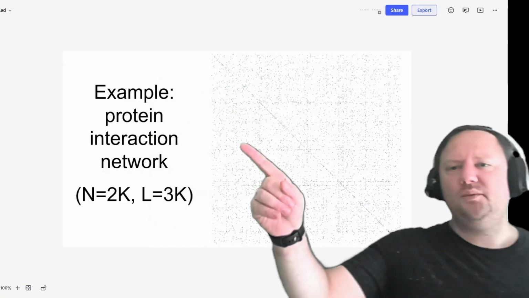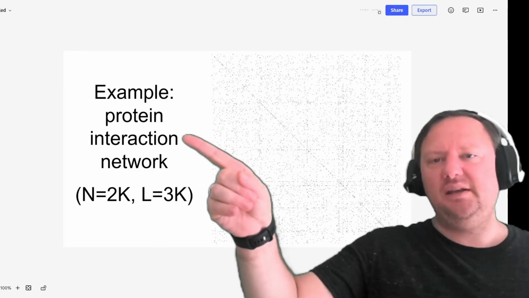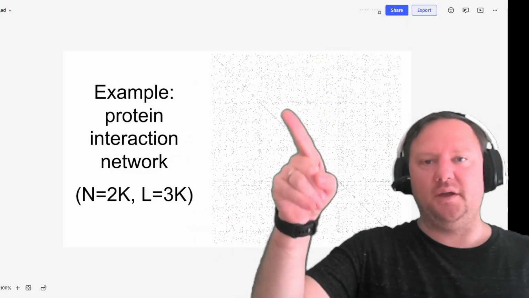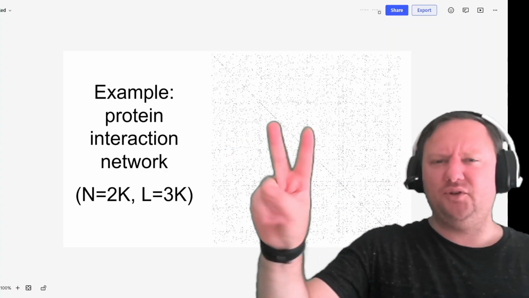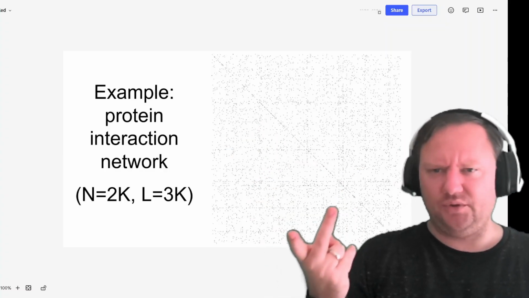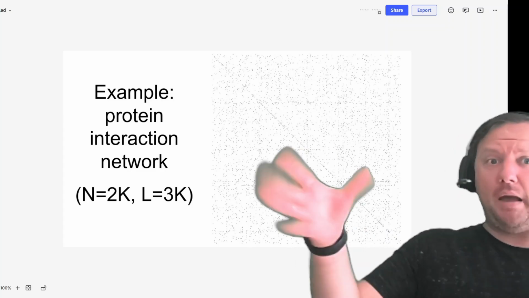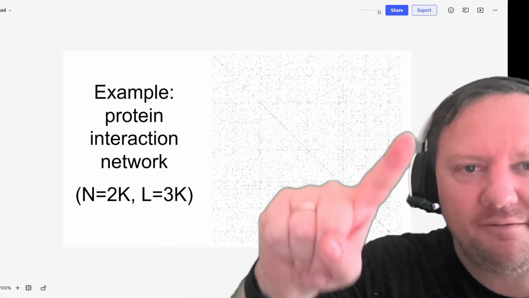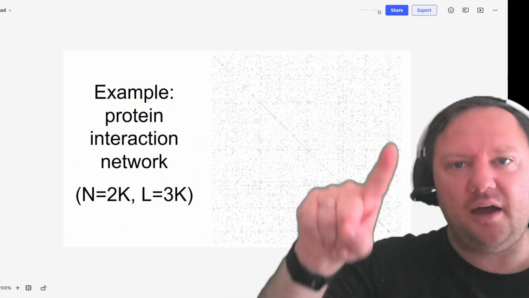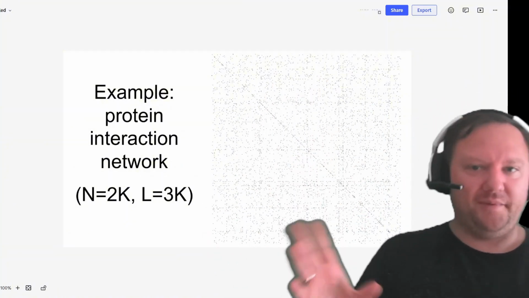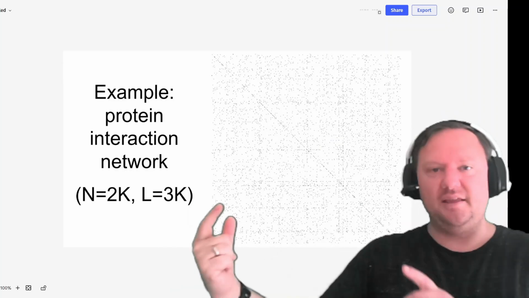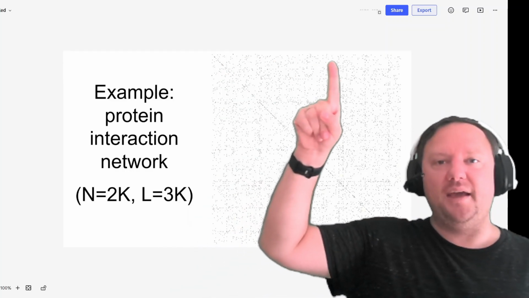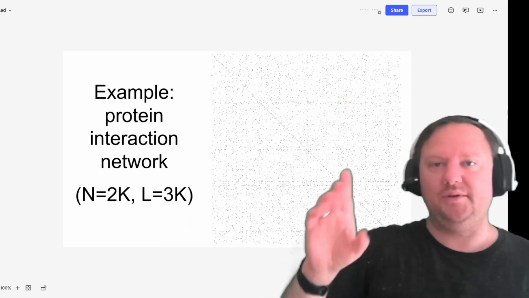Now here, we've got some notion of a protein interaction network, and I'm not totally clear on what that is because that sounds like some kind of biology thing. Maybe certain proteins interact with certain other proteins. The important thing is that this very fuzzy dot matrix probably, and here I am somewhat guessing, but I think this is a reasonable assumption, has along the top edge a list of proteins.